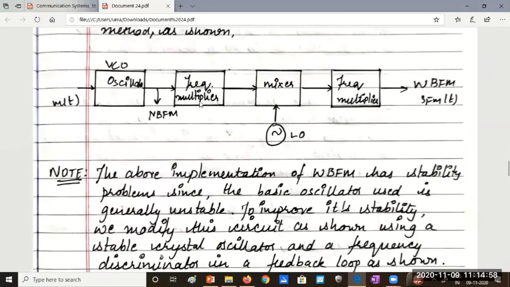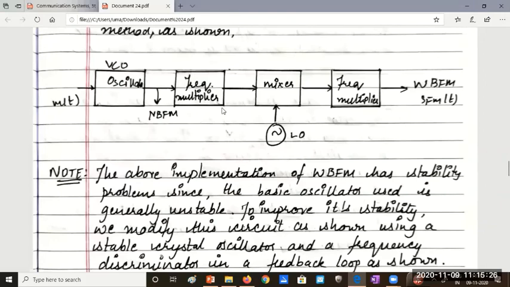Inside this frequency multiplier, we would have a non-linear device like a diode or transistor. Okay. So a non-linear device like diode or transistor would be there along with a band pass filter. You can think of the reason why non-linear device is used. We used non-linear devices like diodes when we generated AM.